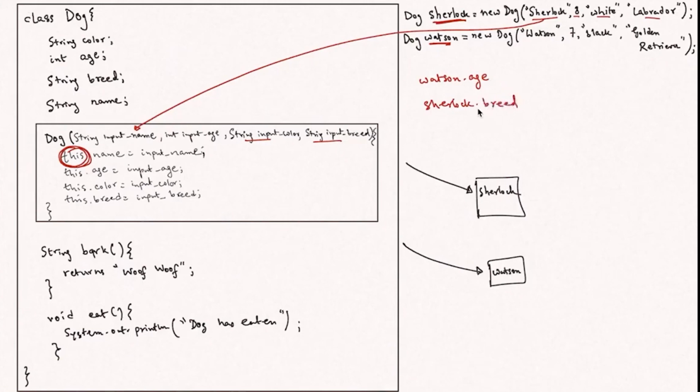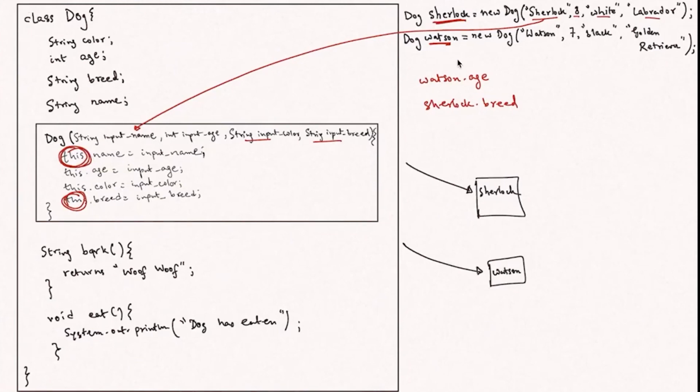Whenever we're talking about Sherlock.breed, at that point, this refers to Sherlock. This means Sherlock at that time. So the word this here is used for the object which you are working with currently. Whichever object you're working with currently, this means that object, all right? So I hope the concept of this is clear.